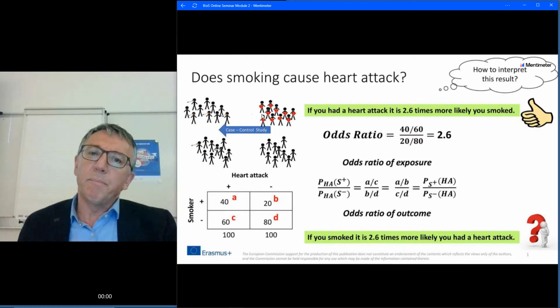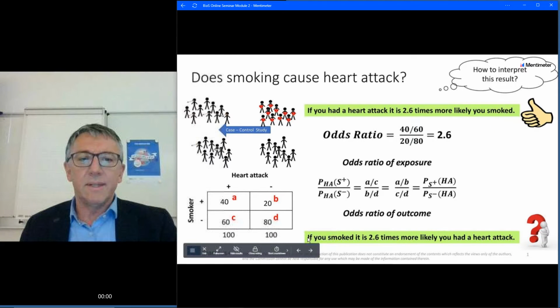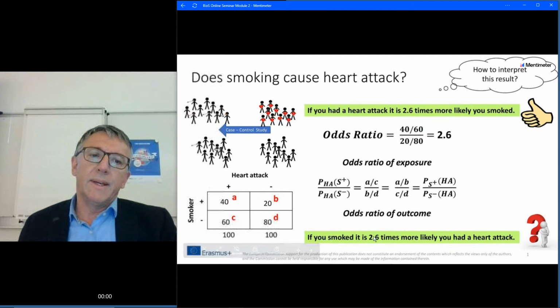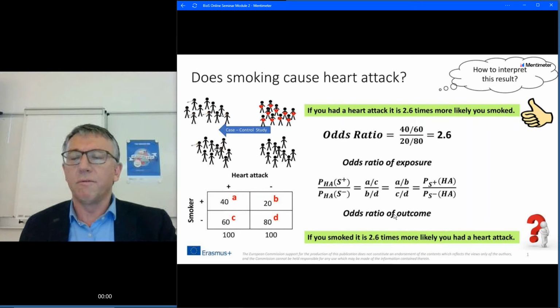So there might be a lot of bias in finding people with a heart attack, depending on where you are, which population you are looking at. So the bias is quite big, so that the conclusion that smoking increases the likelihood of getting a heart attack cannot be really drawn from this case control study, although the odds ratios would be the same if it would be true.